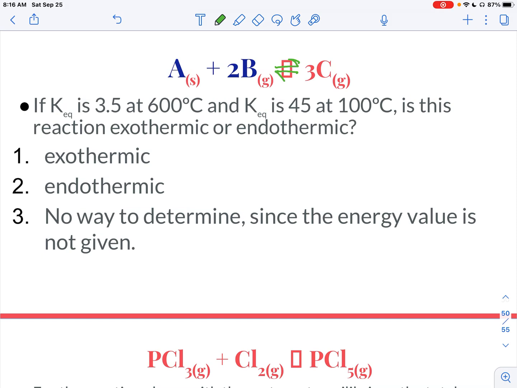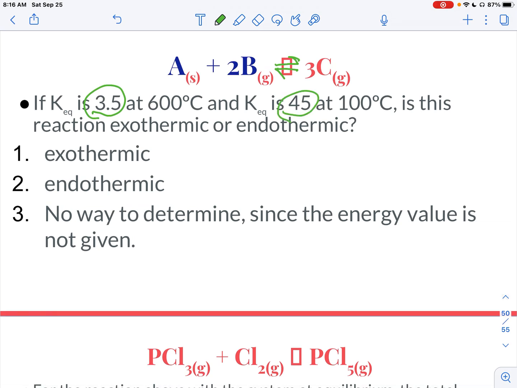So now let's take a look at this one. If KEQ is 3.5 at 600 degrees Celsius and 45 at 100 degrees Celsius, is the reaction exothermic or endothermic?